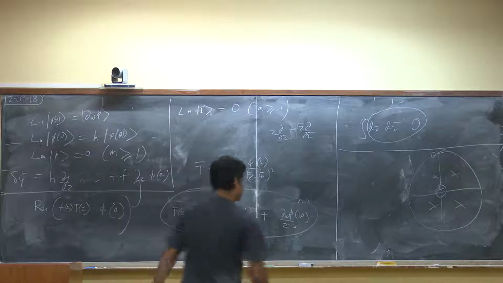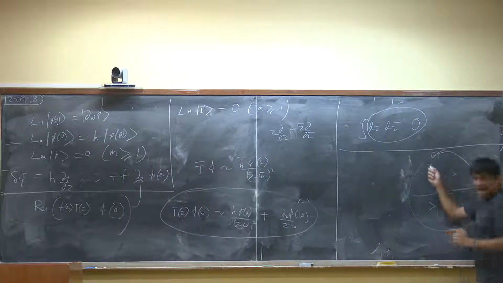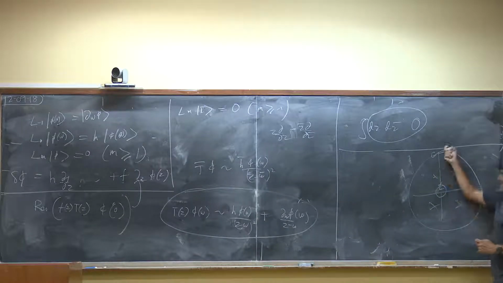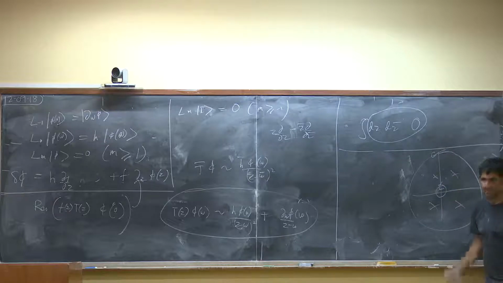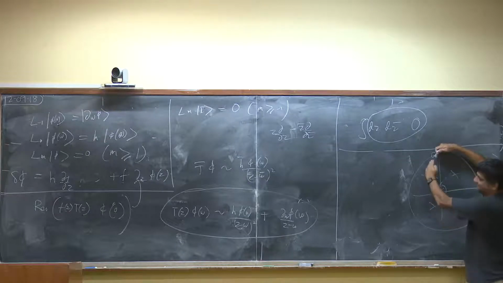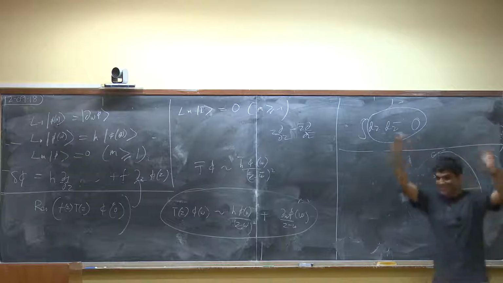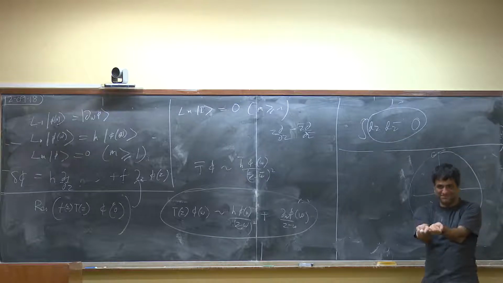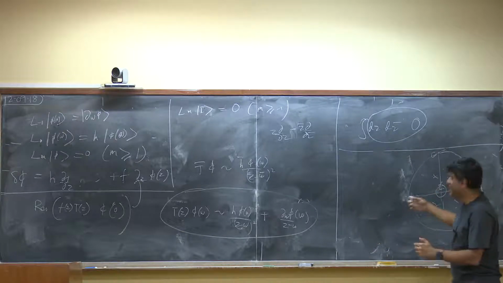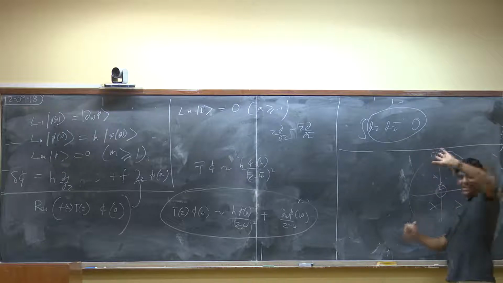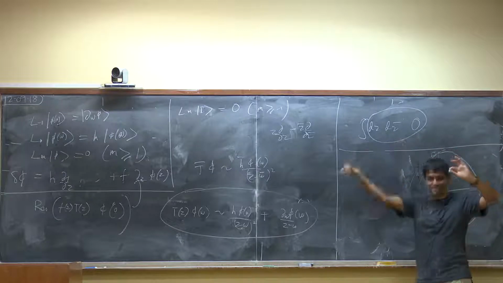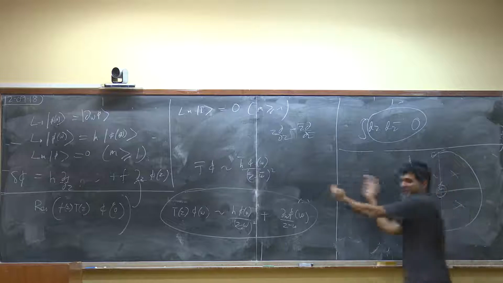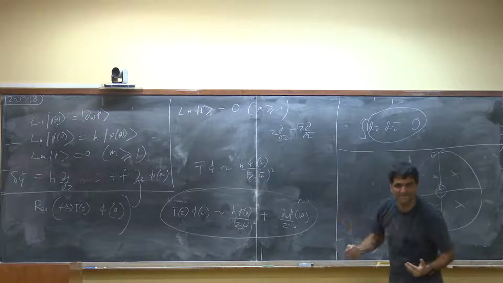Now, this is going to be 0 because I can close this contour around the circle. Remember that this thing annihilates the vacuum in the 1 by z quadrant. That's the same argument we gave in quantum mechanics, but now made more precise.